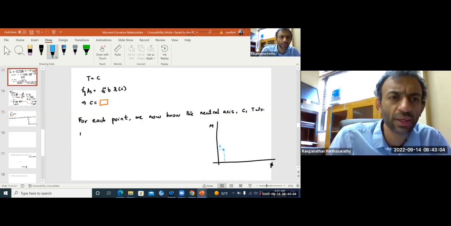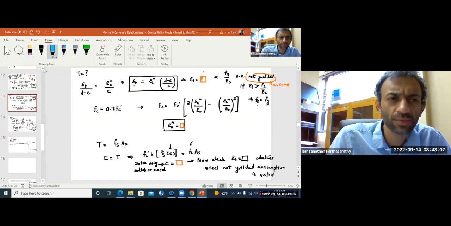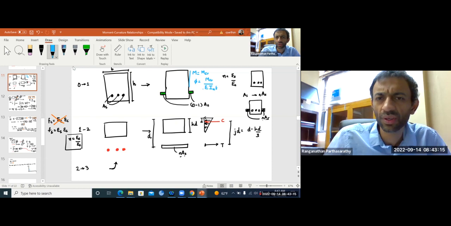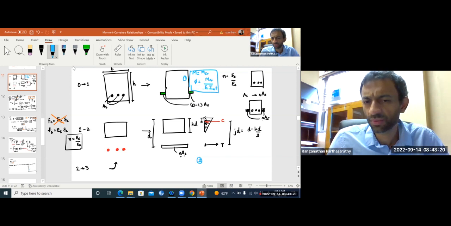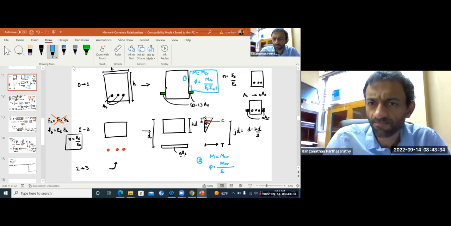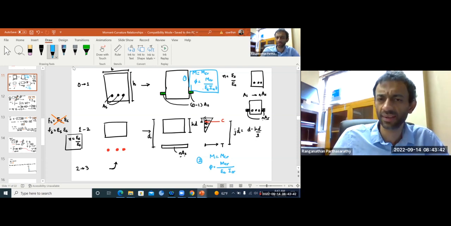Now point 2, we said the crack just opens. The previous one was for point number 1. For point 2, M is still MCR, but phi is now for the cracked section: MCR by E C times I cracked, ICR.